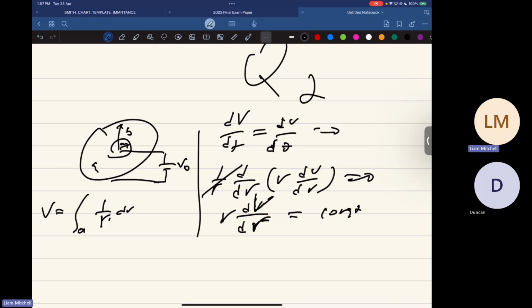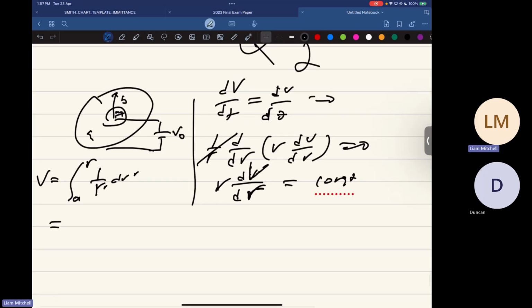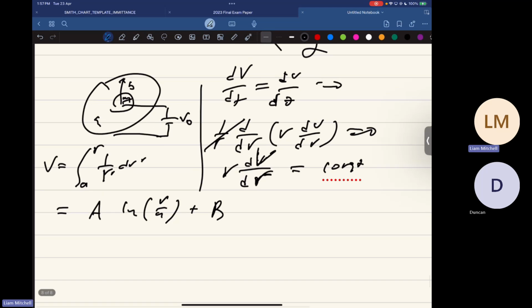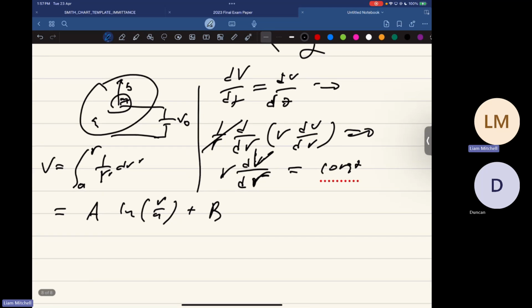I'm going to call this r dash, and our length is going to be r. And this is equal to some constant, because here we have a constant, times ln r over a plus some other constant. I'm going to call this A and this B. Right? We have two unknowns which we need to find as well.